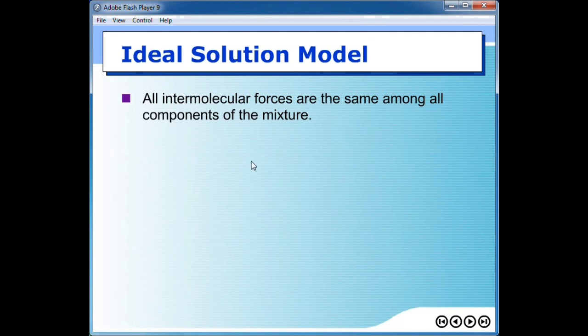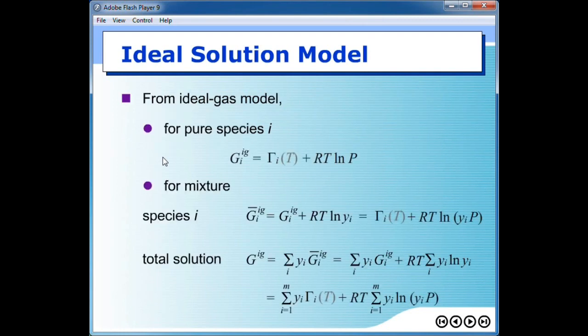So all intermolecular forces are the same. This is in a sense similar to an ideal gas mixture, because in an ideal gas mixture, the interaction between all kinds of molecules is the same, but it is zero. So therefore, for an ideal solution, we have to assume the same mixing rule as the ideal gas.